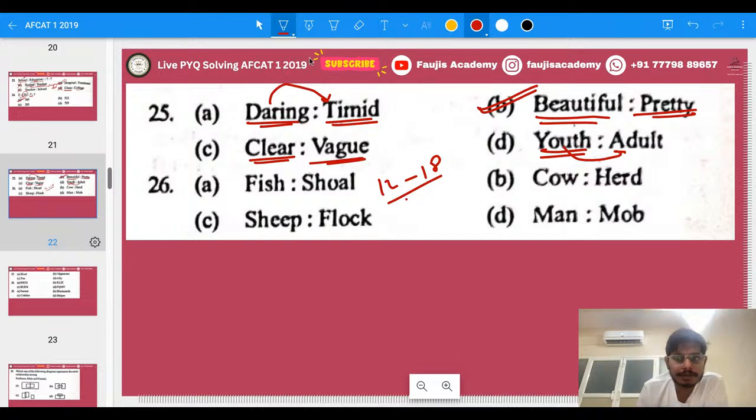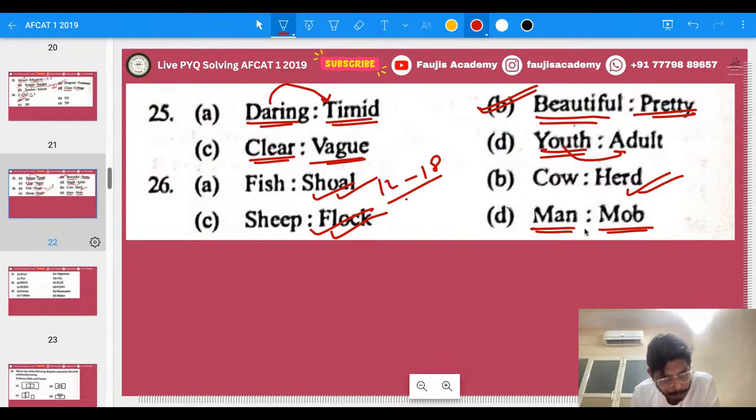A group of fish is called shoal. That's correct. A flock of sheep is also called sheep. A group of cows is called a herd. Mob is a collection of so many people.